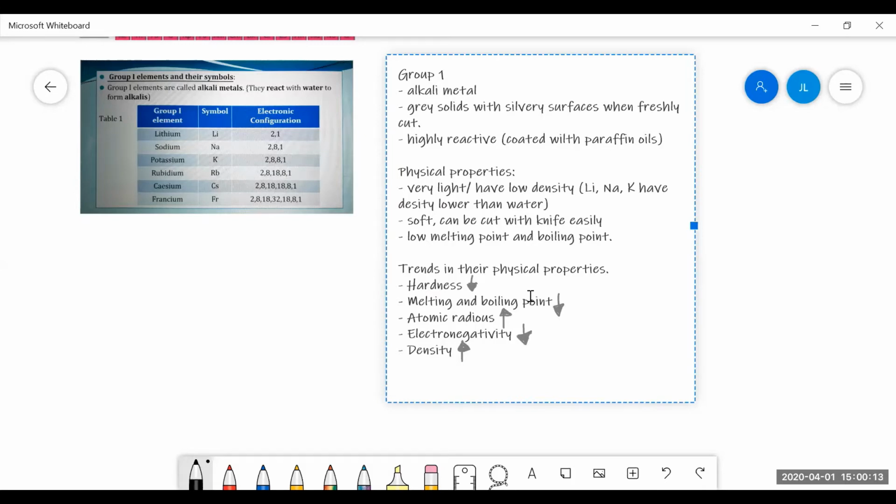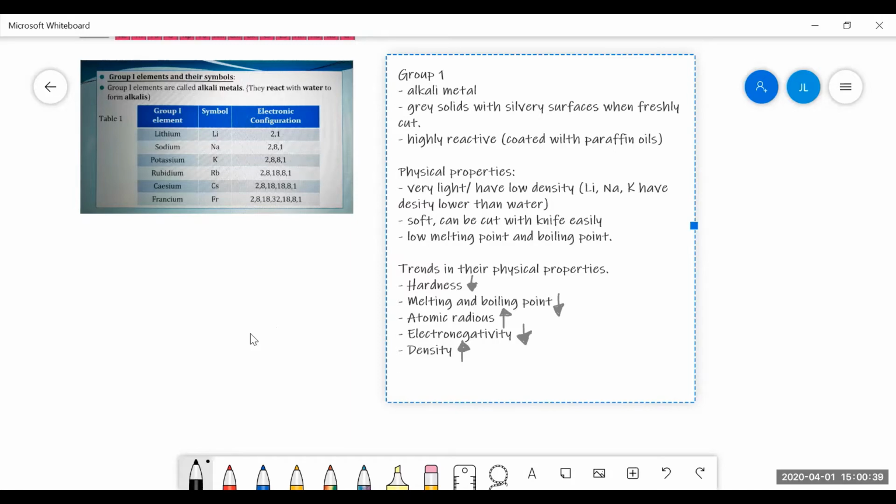So as the atomic radius increases, the distance between atoms also increases. That means they have weaker force holding them together. That's why the melting point and boiling point decrease.